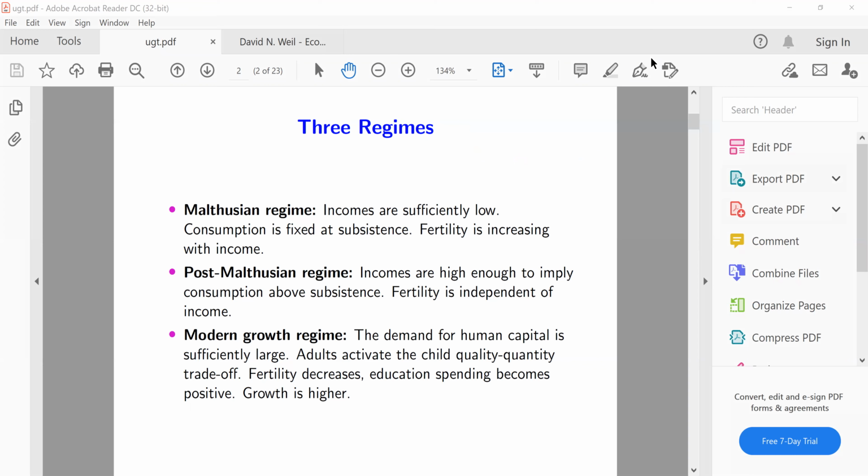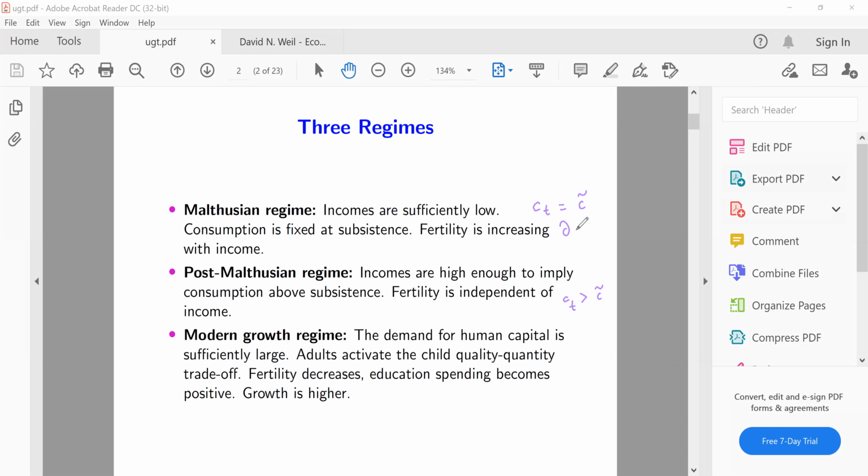In the post-Malthusian regime, incomes are high enough to imply consumption above subsistence, right? So if we have C_t equals, let's say C tilde here, so this is subsistence. Here we have C_t greater than C tilde. Okay, when that's true, fertility no longer depends on income.